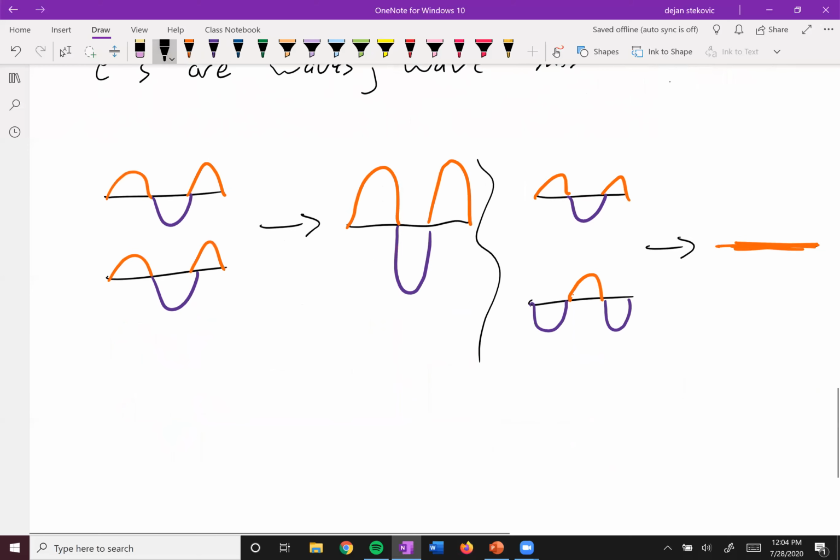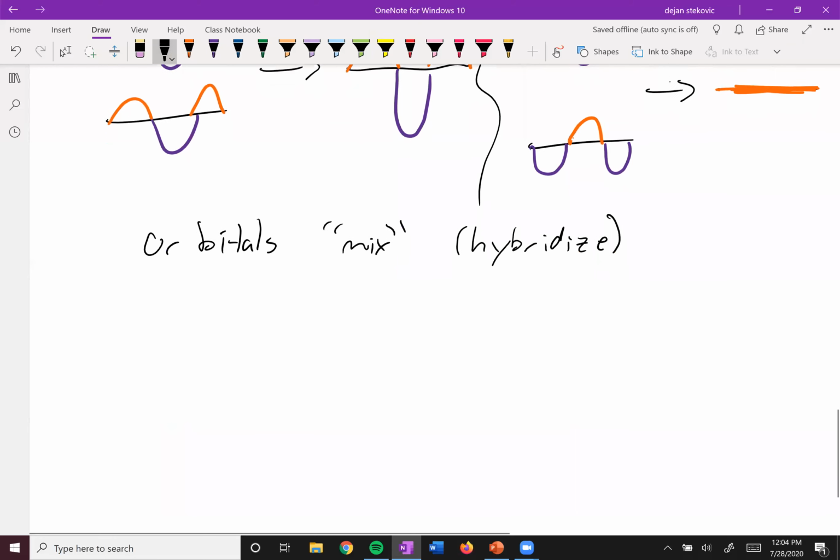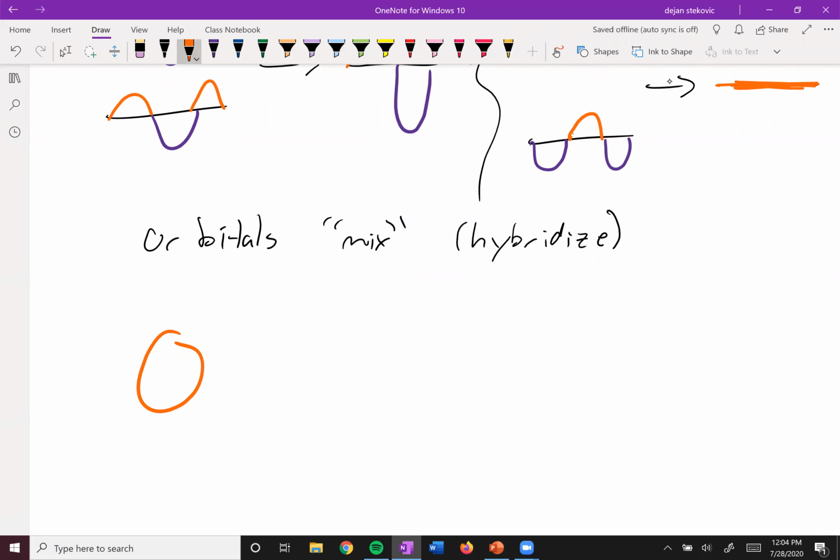And that's the same thing that happens to our orbitals. Our orbitals mix, and we call this hybridization, or say that they hybridize. For example, if you have this 2s orbital and one of your 2p orbitals, the 2 lobes are in different phases, and so we can have different types of mixing, some of it constructive, some of it destructive.